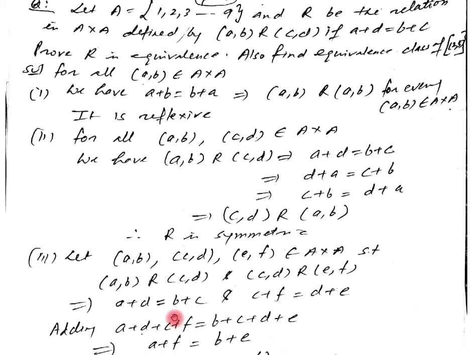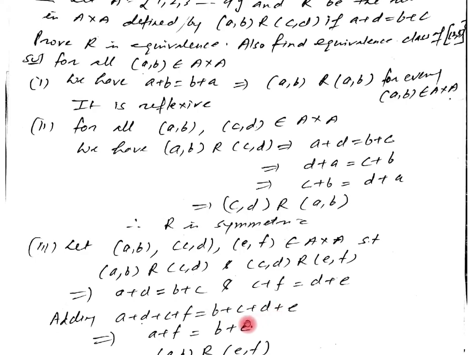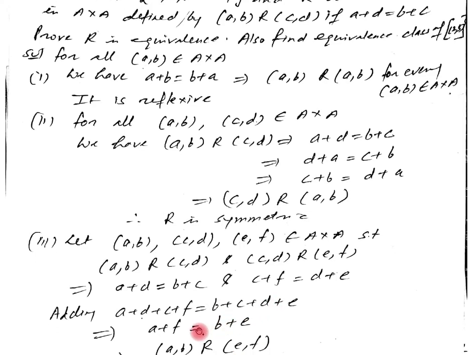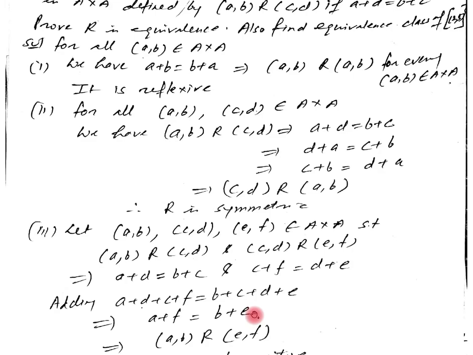Now adding these two expressions, left to left and right to right, we get a plus d plus c plus f equals b plus c plus d plus e. Now cancelling the common terms from both sides, we get a plus f equals b plus e. Now what does this imply?